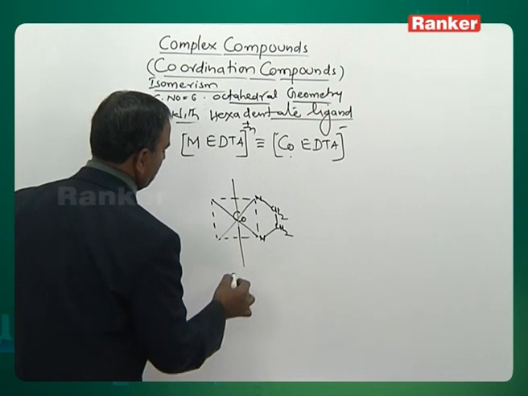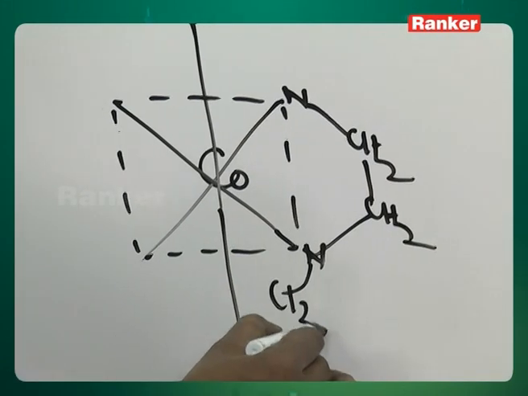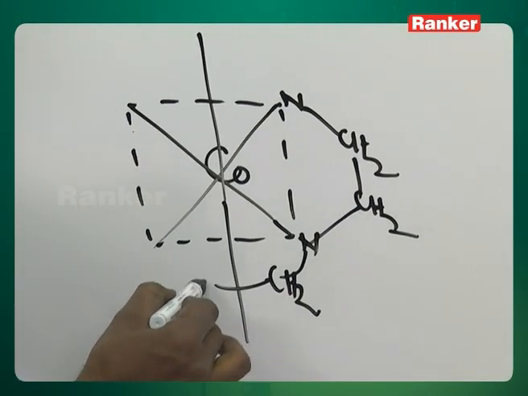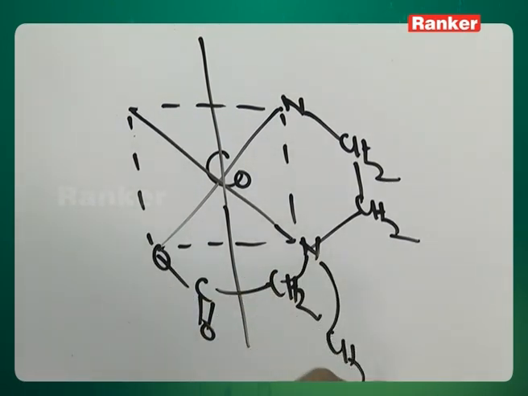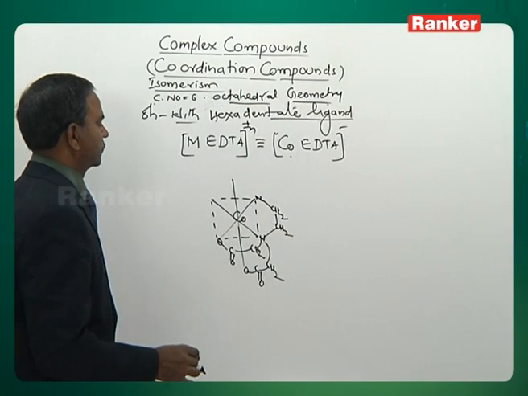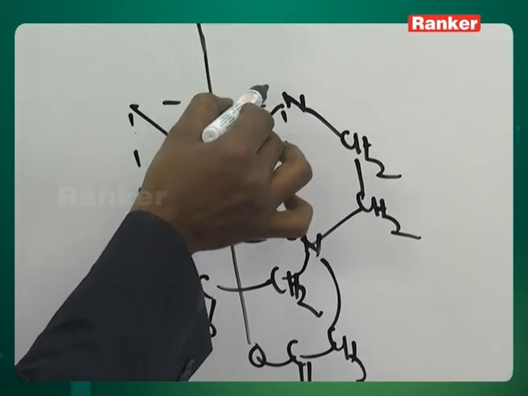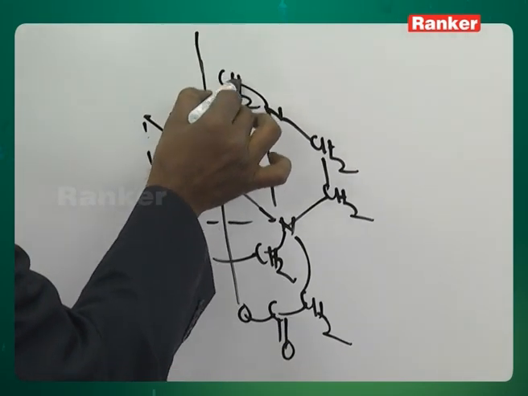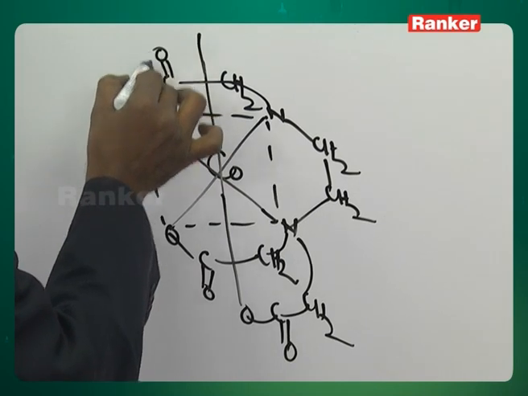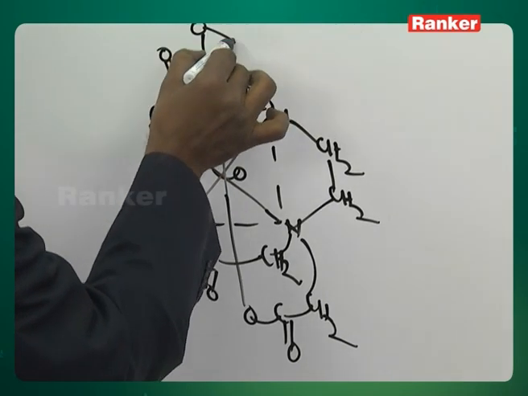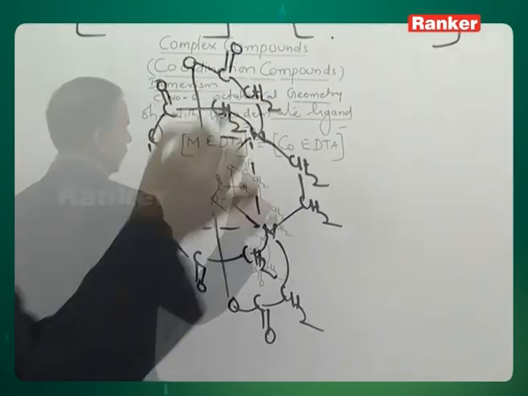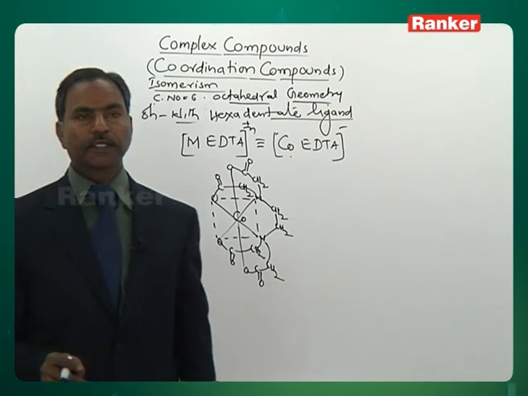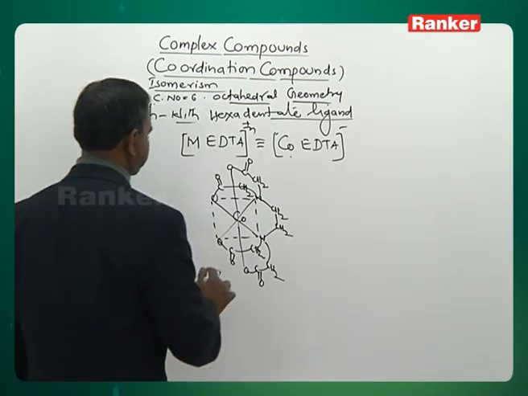EDTA, ethylene diamine tetraacetate, 4 acetate groups, C double bond O. Next one, CH2, C double bond O. See, you can consider this as D isomer.